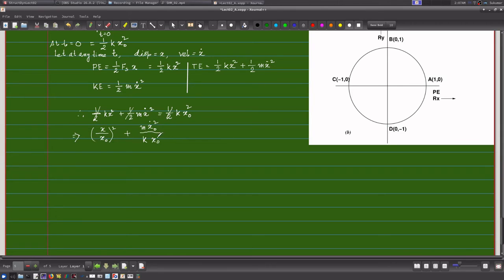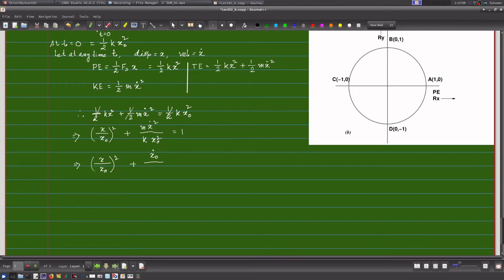This is square, this is square, and this will be equal to 1 in the right hand side. So this I can simply write as x by x naught whole square plus x dot, I'm sorry, this naught will not be here, no?